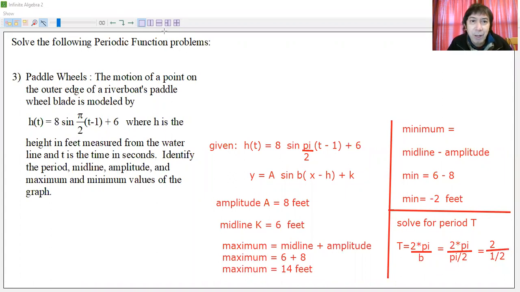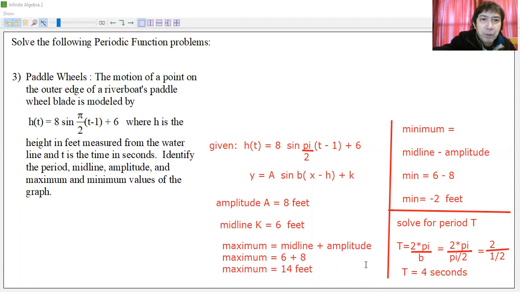So our answer should be 4 units of time, which is seconds. So our T is 4 seconds. There, that's it, and we have all the requirements.